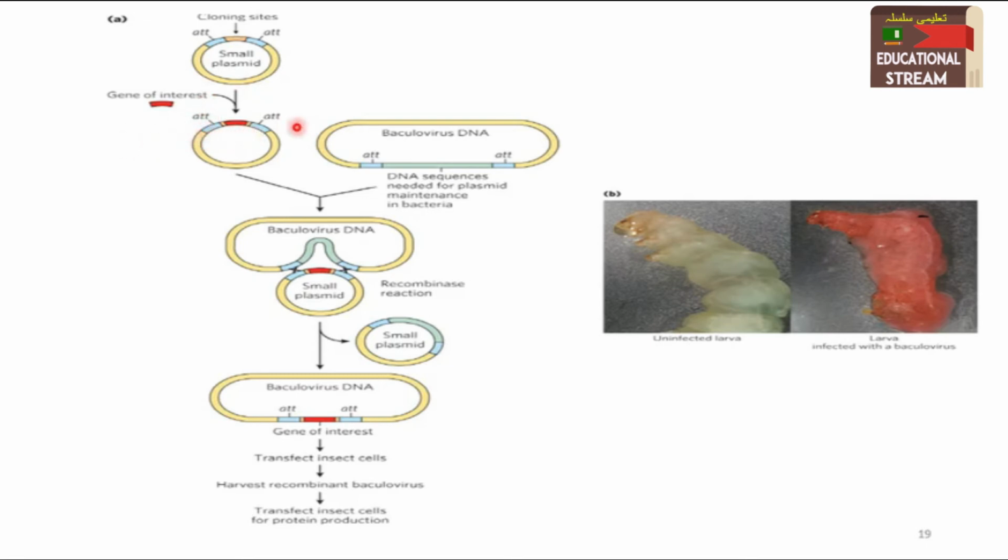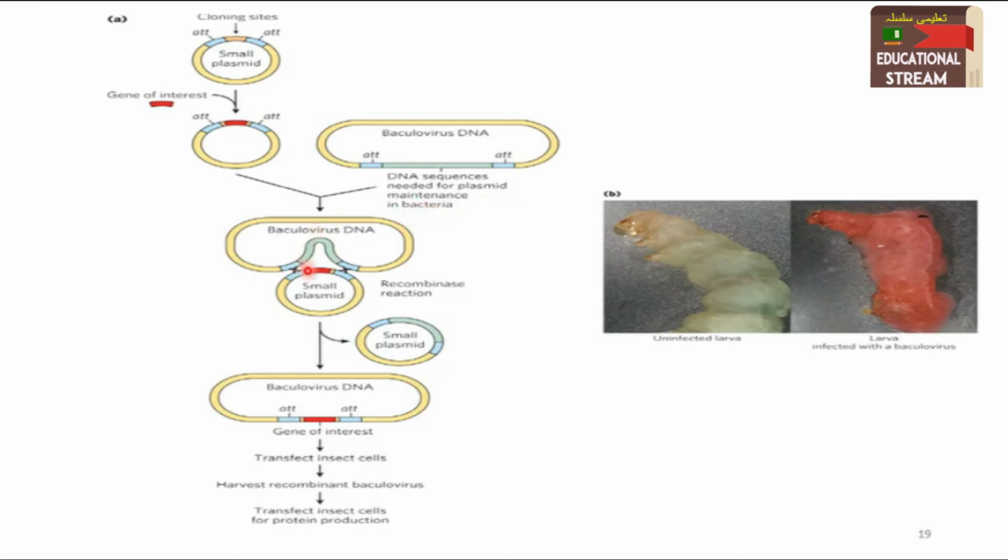These are the sites which are recognized by the site-specific recombinase enzymes. So the gene of interest is inserted into the plasmid, and then the baculovirus DNA is mixed with it. Baculovirus DNA also contains the att sites which are recognized by the recombinase enzyme, and in between these att sites it contains the DNA sequence which is required for plasmid maintenance in bacteria.